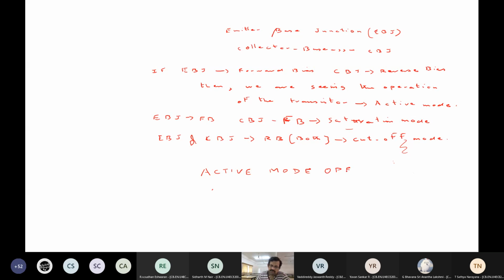This is what we are going to discuss today. Under active mode, as I told you at the top, EBJ is forward bias, CBJ is reverse bias.